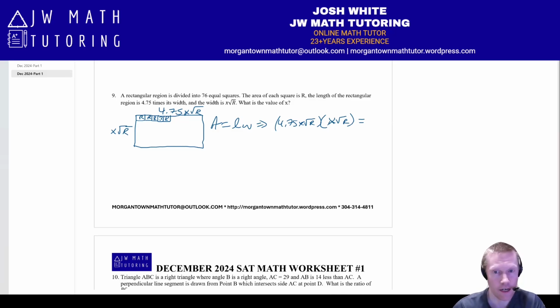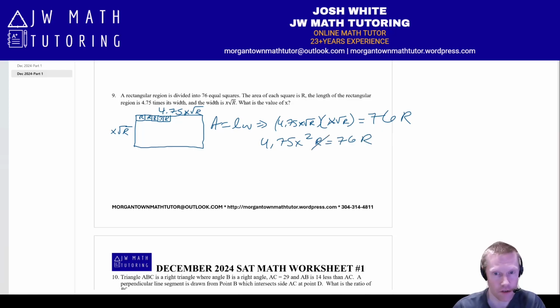And then that is going to be equal to 76 times r, because the total rectangle has 76 squares. Each square has an area of capital R, so we can just set this equal to 76r. Now on the left side, as you multiply it out, you get 4.75 x squared r, and on the right side, you get 76r.